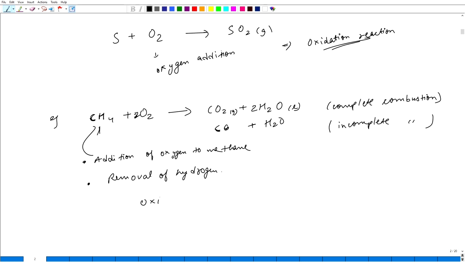So, for oxidation reaction, what we get to know here is that it is addition of oxygen or removal of hydrogen. That means, if any one of the cases is happening, that is, if either oxygen has been added in the reaction or hydrogen has been removed, till now we will term it as an oxidation reaction.